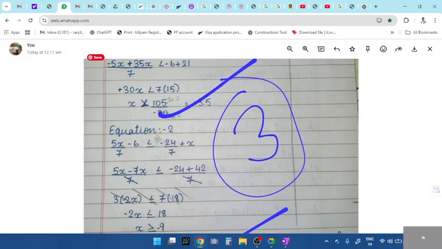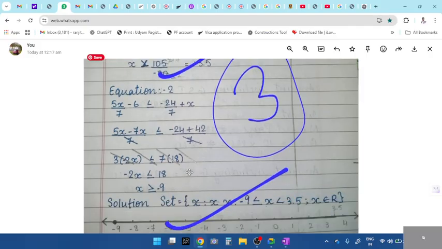And even here, same thing. 5x. See, minus 7x, you have tried to shift this x, right? And directly you've taken LCM. There is no method, and if you miss something in between, so don't do it. Hardly one step extra, Tanishka.